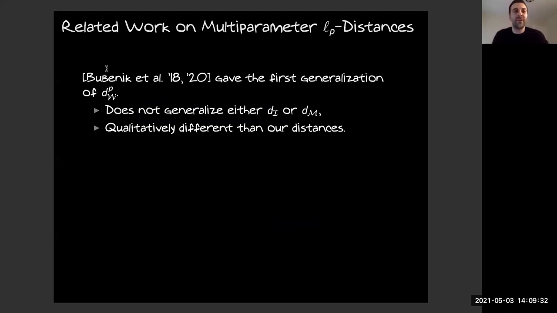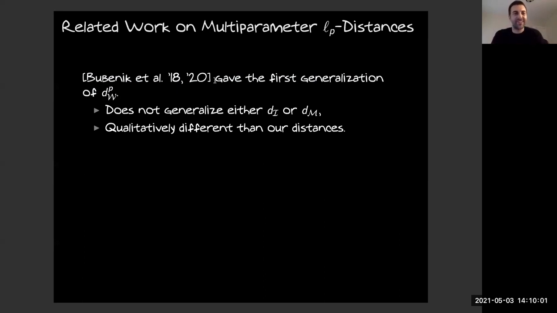Before I define them for you, I would be remiss not to talk about some related work in this direction. There has been considerable related work which has inspired us and I think given us the context that we needed to do this work. So I'm going to just talk about it quickly in the interest of time. First of all, Bottleneck, Scott, and Stanley, they're the first people to try to generalize the Wasserstein distance to multi-parameter persistence modules. And in fact, they succeeded.